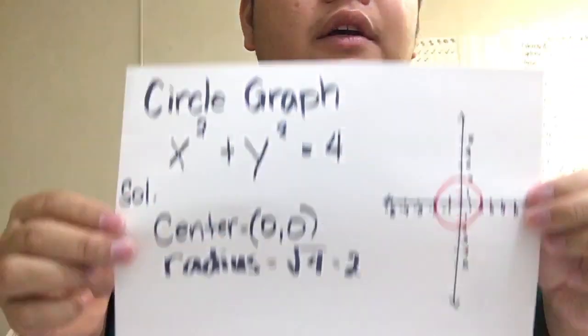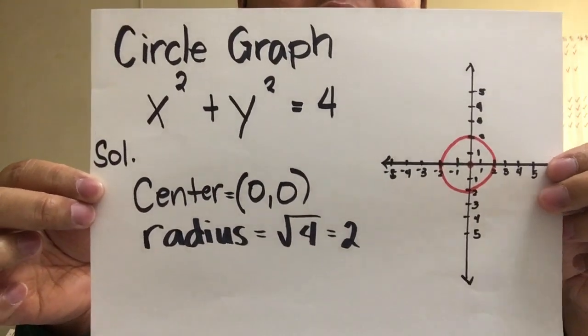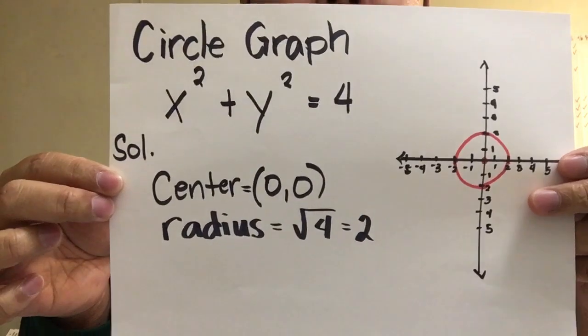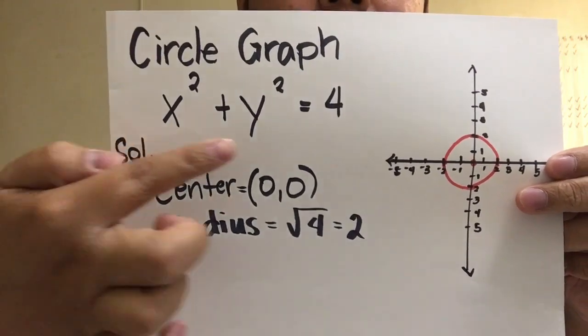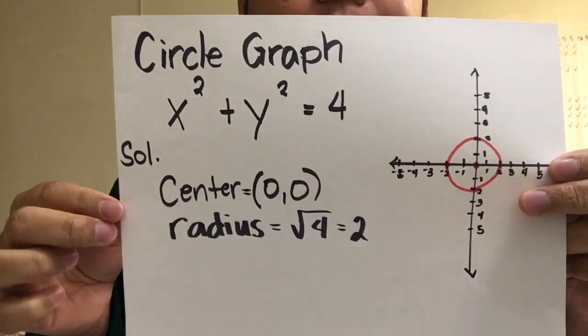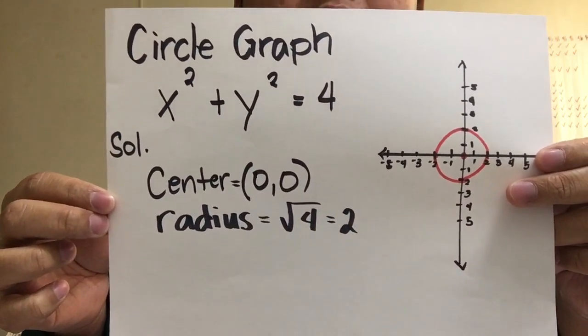Now, to further explain circle equation, I have here an example. So in this example, we can say that the center is at 0, 0. Why? Because there is no number together with our x and y. So we can now proceed in solving our radius.